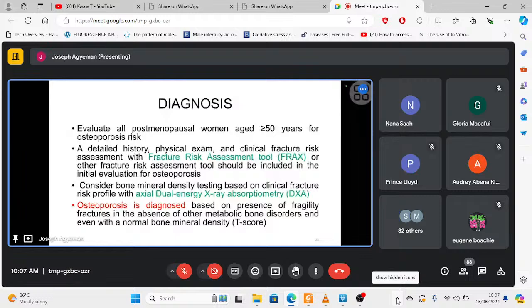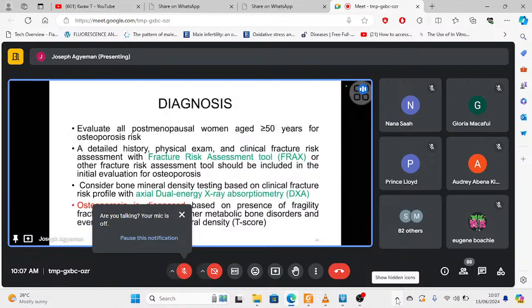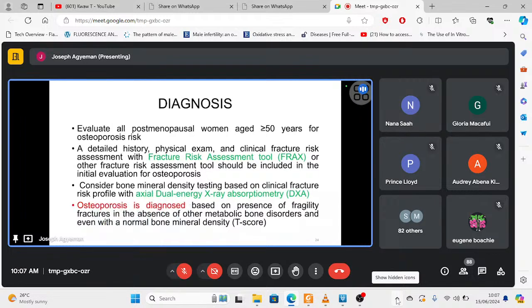Okay. So now, these individuals should be our target because they are high risk. Now, how do you approach it? History is very important because looking at the various risk factors that we've discussed so far, drug history is very important, medical history, very important, family history, very important.